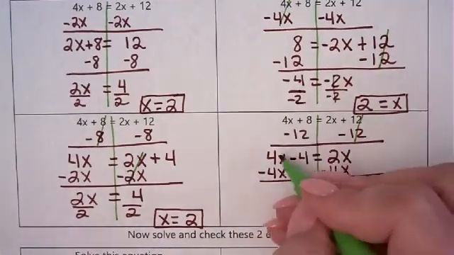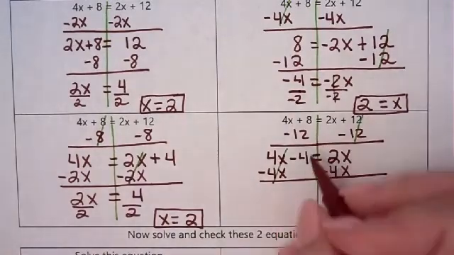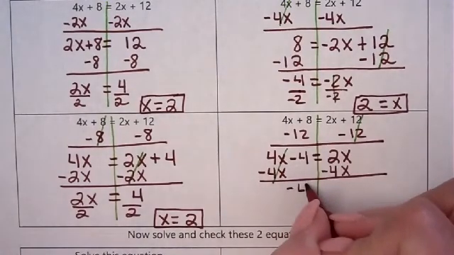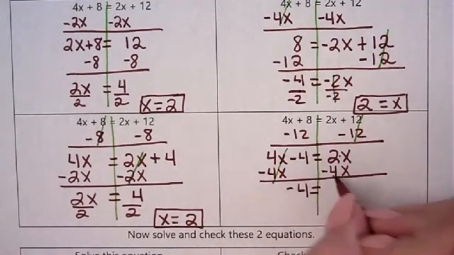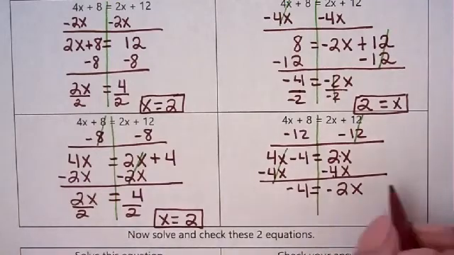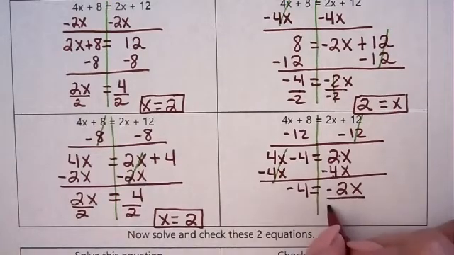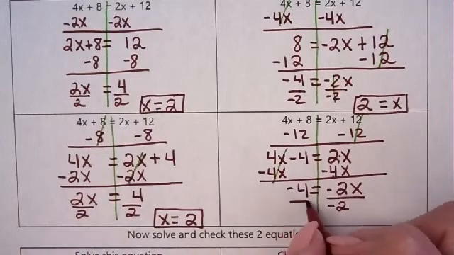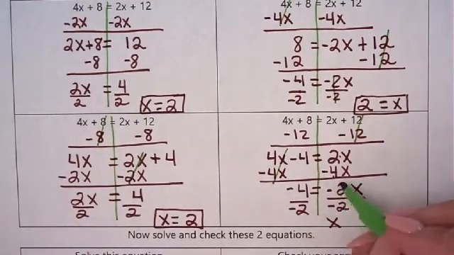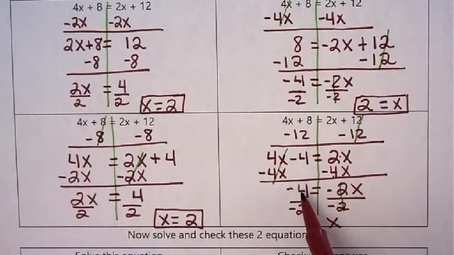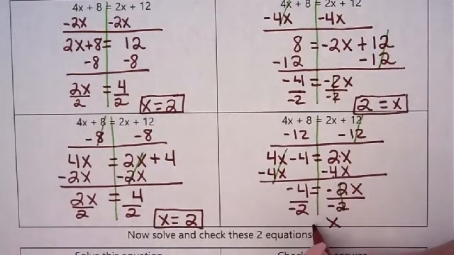We know 4x minus 4x cancels out, and I've got negative 4 equal to 2 minus 4x. That's going to be negative 2x. And then what's going to happen? I'm going to divide by negative 2, and that's going to give me x. These 2's are going to cancel out, but negative 4 divided by negative 2 is positive 2.